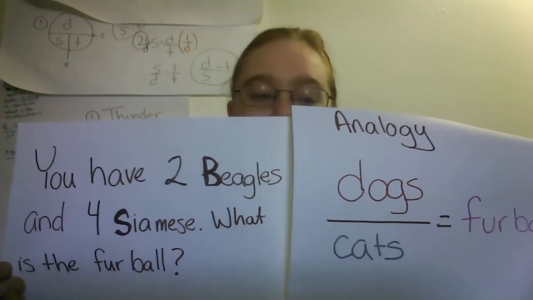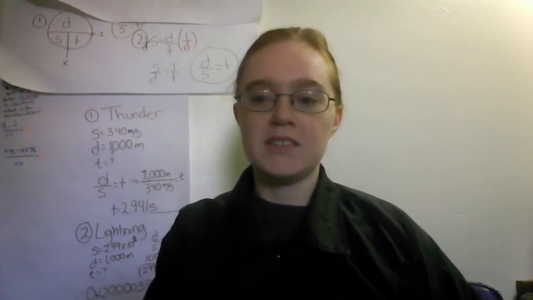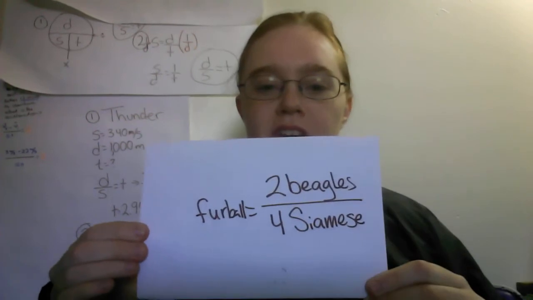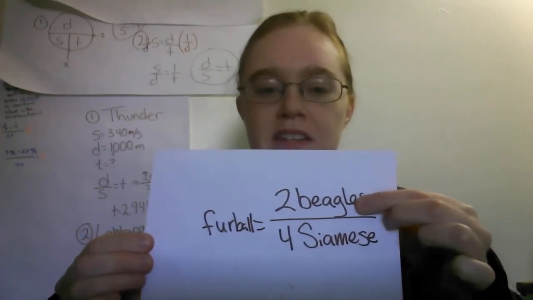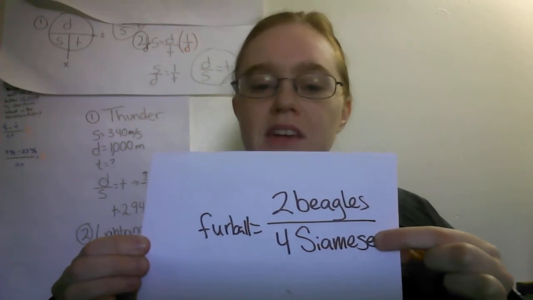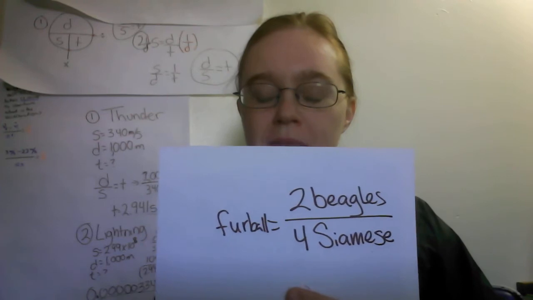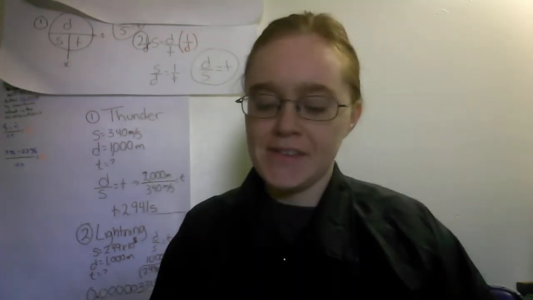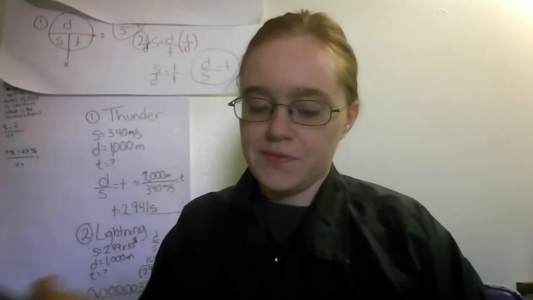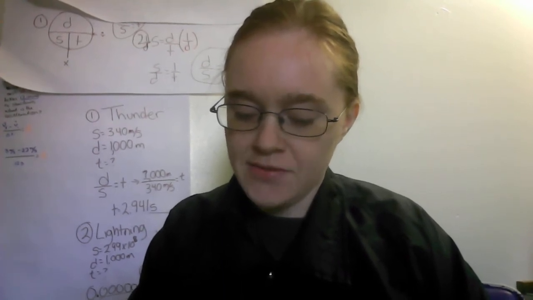Okay? So then, what that would look like for an equation is, this is plugged into the equation. 2 beagles, beagles again is our unit of dog, and 4 Siamese, again our Siamese, is a unit of cat, and that would equal fur ball. And 2 divided by 4 gives us half, so then that would equal half.